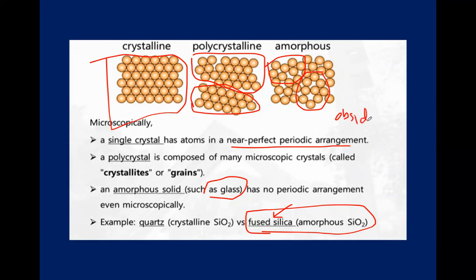It's a crystallized SiO2, but the crystal size is so tiny that you can't find any crystal shape there. So fine. There are such materials, but they are crystalline. Obsidian.